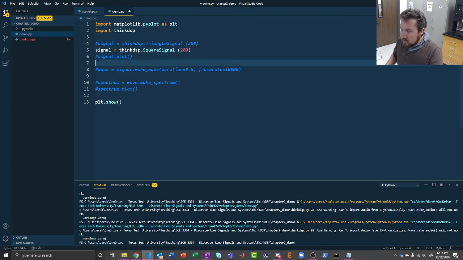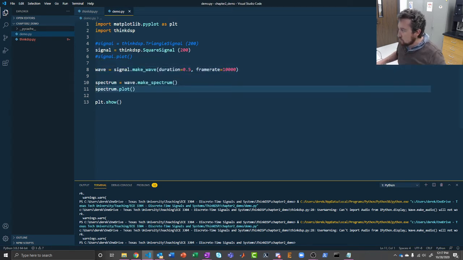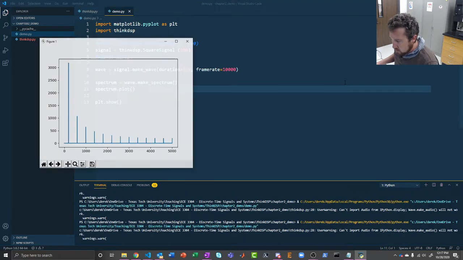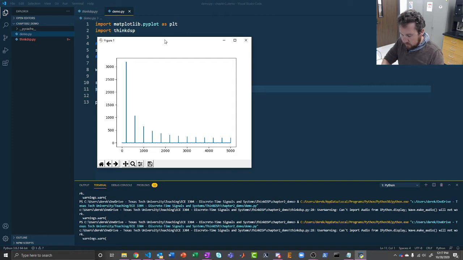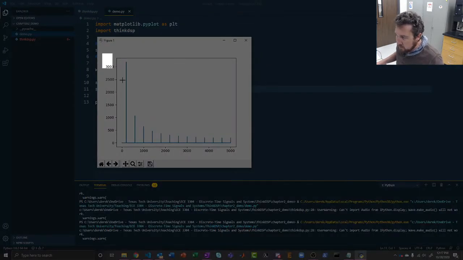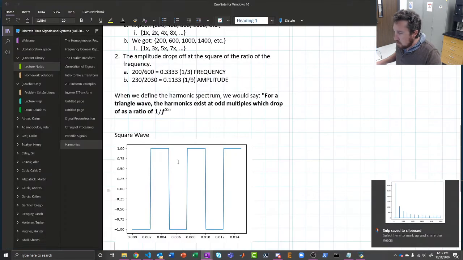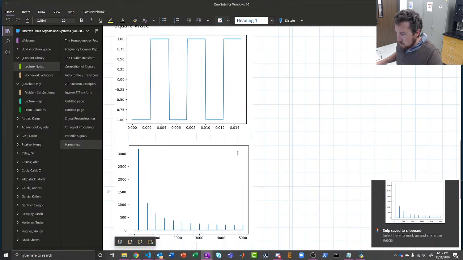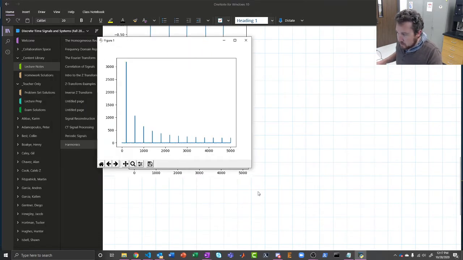So I'm going to comment this out, get the wave, get the spectrum, plot the spectrum. And here we go, here's the spectrum of our square wave. Make a copy of that for our notes. And let's make some observations about the harmonic structure.